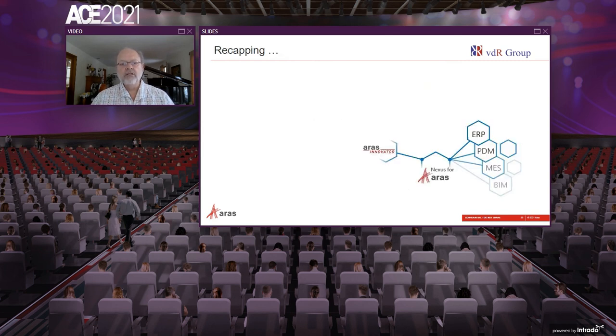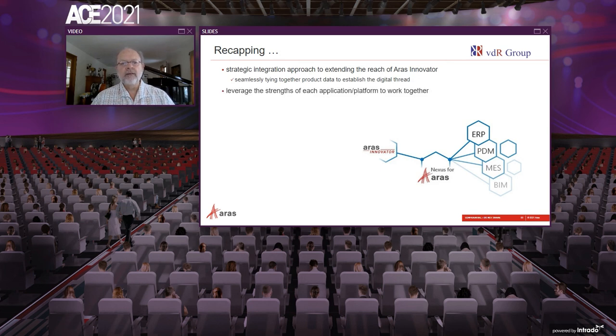So the idea here and what we're introducing is not just connectivity, but how to synchronize the data and what does that look like. So just to recap, draw it to the close, this Nexus platform that we're talking about really is a platform to enable the extension of Aras Innovator into the enterprise. Tie these systems, tie the solutions together, leverage the strengths of each platform, right?